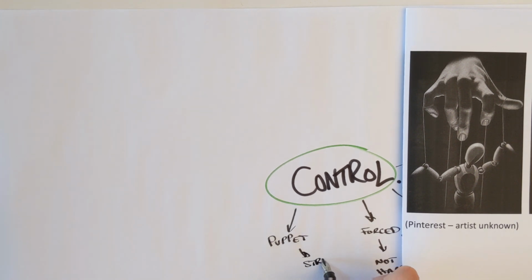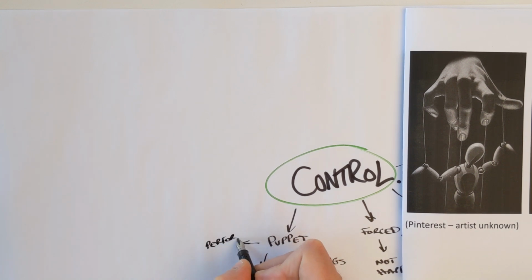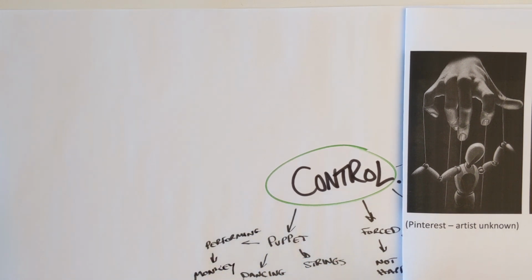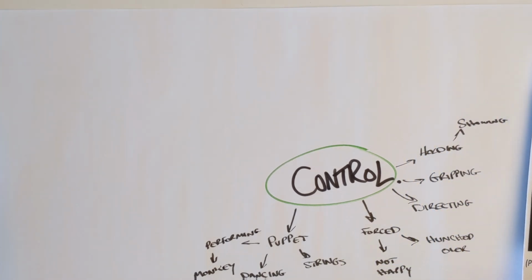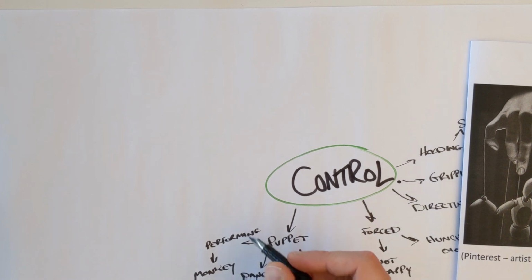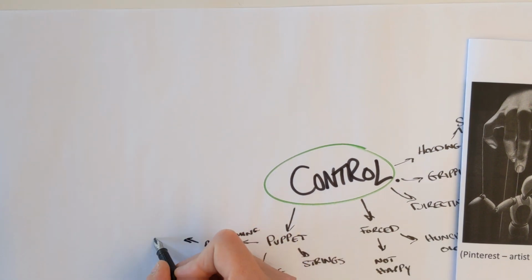Strings. You're sort of danced, sort of dancing, performing. Ooh, that makes me think of performing monkey. You know the phrase, I'm not a performing monkey. And I suppose if you are the one doing it, it could be embarrassing. Dancing, strings, performing, embarrassed.